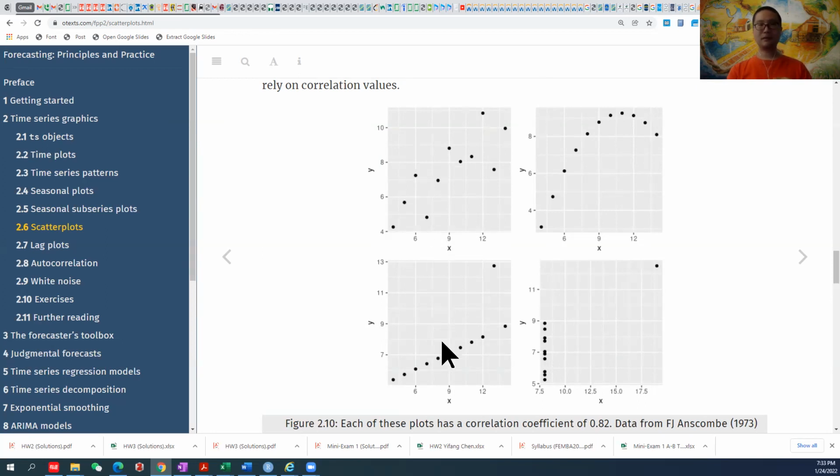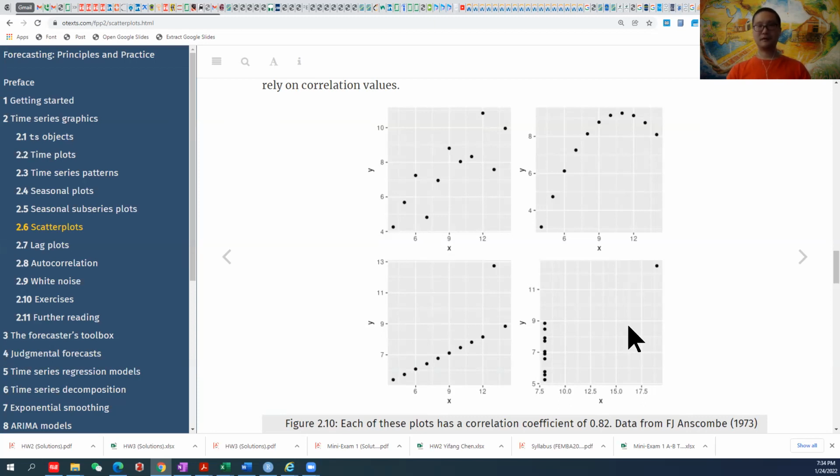As I said, in the bottom left plot, we will probably find that the second last point might be an outlier. We need to be more careful about whether to include it or not in our model. And in the last plot, as I said, it reveals basically no relationship between x and y.